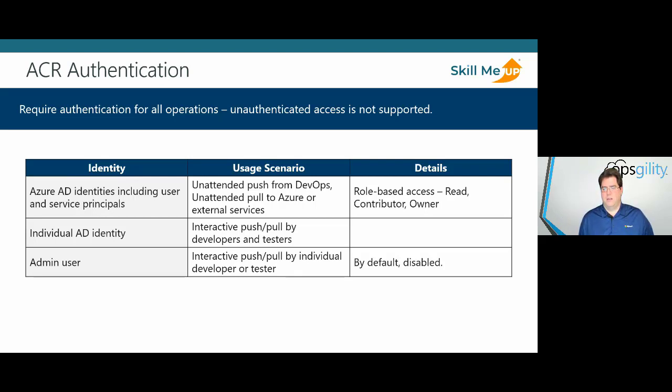And then admin is disabled by default, and again, that goes around avoiding a level of privileged access. Having a full admin user is probably not the best bet. You need to utilize these other capabilities first before you give somebody full admin rights.